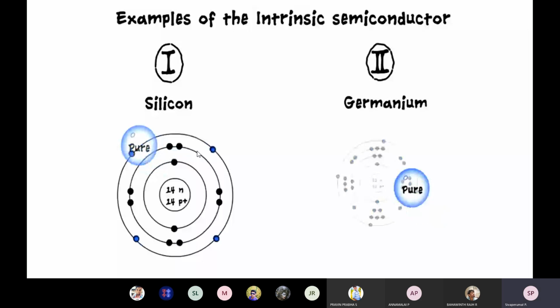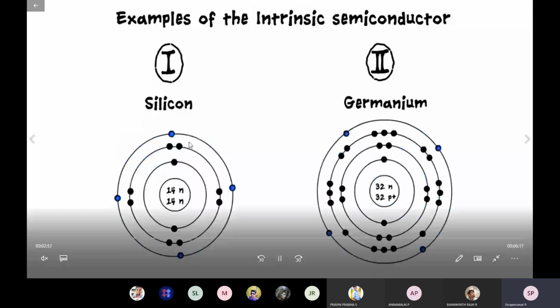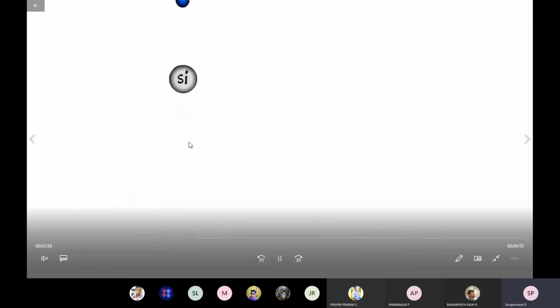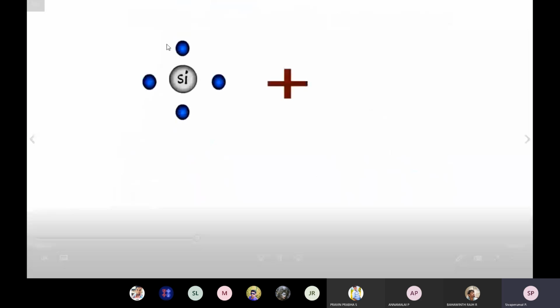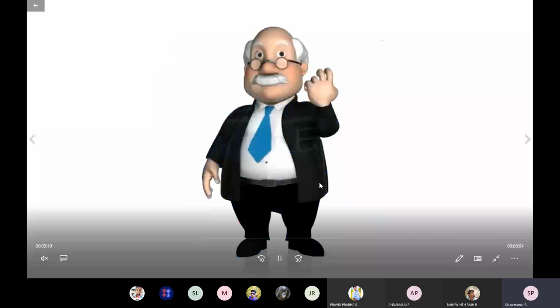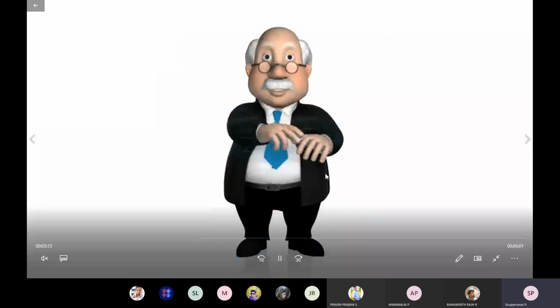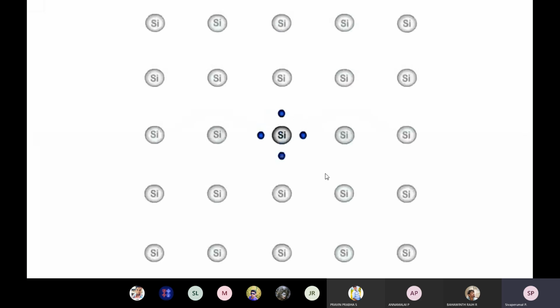Now how are the electrons arranged? The blue color indicates the valence electrons, normally 4 of them. When you combine two silicon atoms we get 8 electrons. Clearly see how electrons and holes are created in the silicon material.